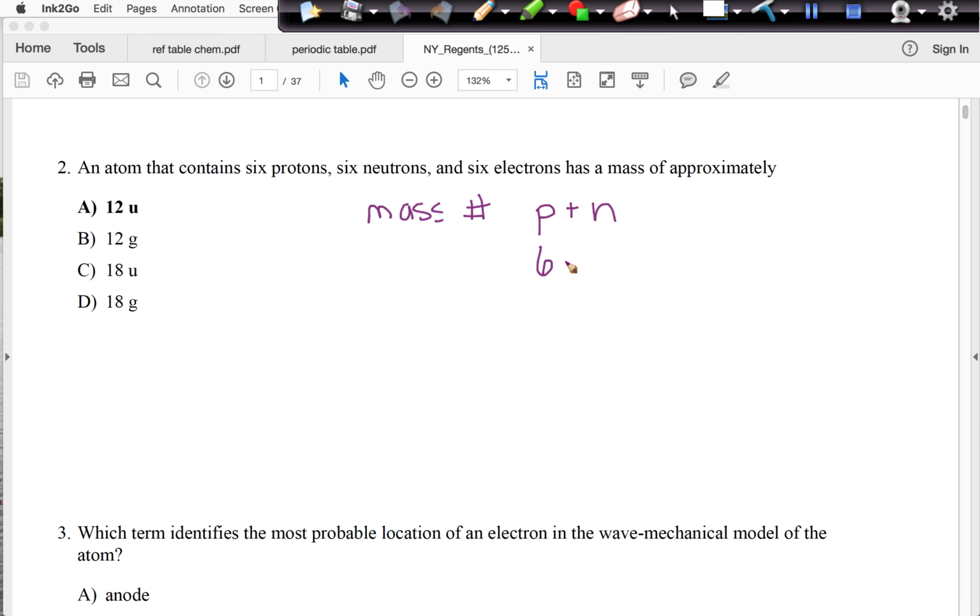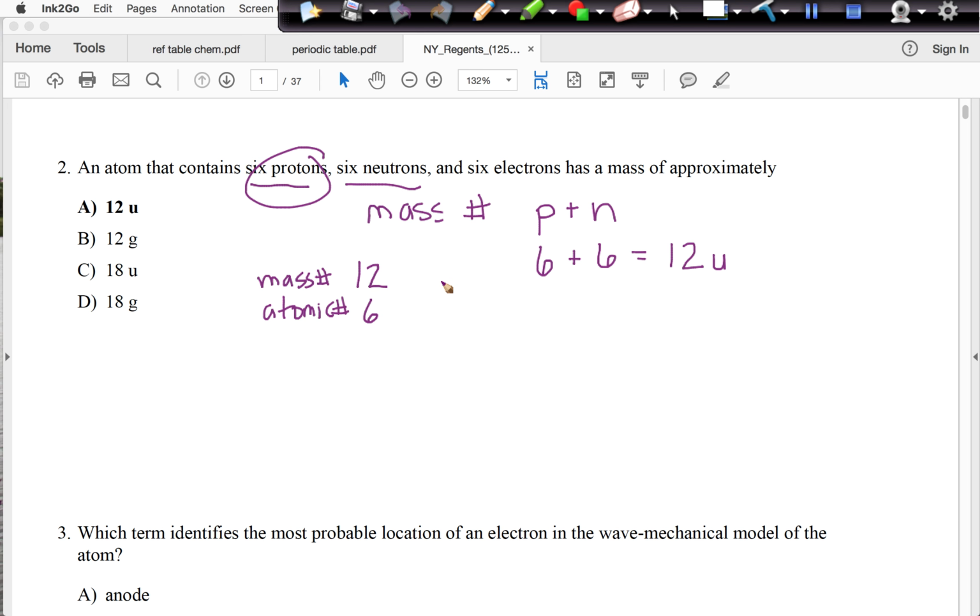So we're going to add the 6 protons plus the 6 neutrons, and we're going to get a mass of 12 atomic mass units approximately. Remember also that since that's our mass number, that means that the mass number would be 12. That means that the number of protons tells us the atomic number. The atomic number would be 6.